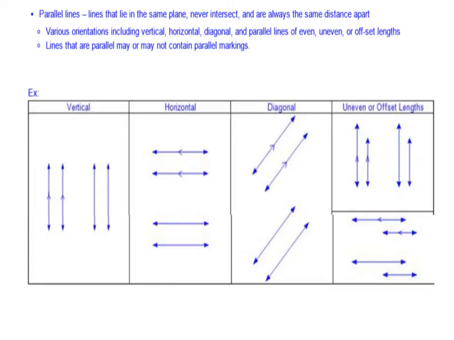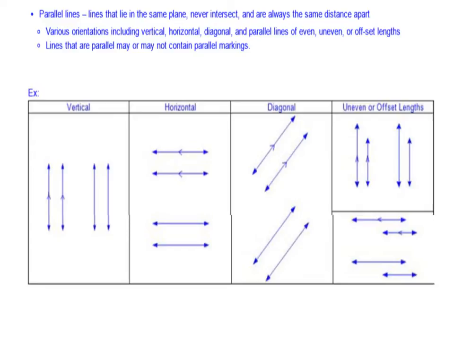Parallel lines are lines that lie in the same plane, go on forever, and never intersect. They're always the same distance apart.